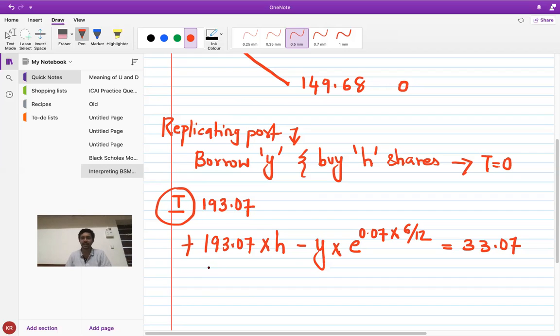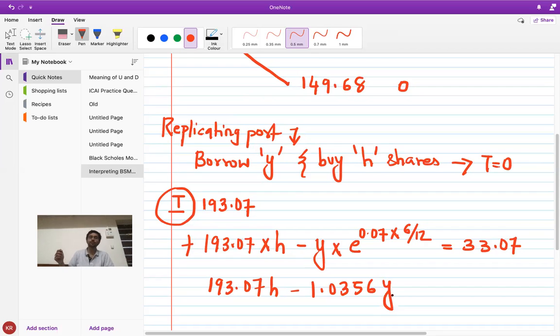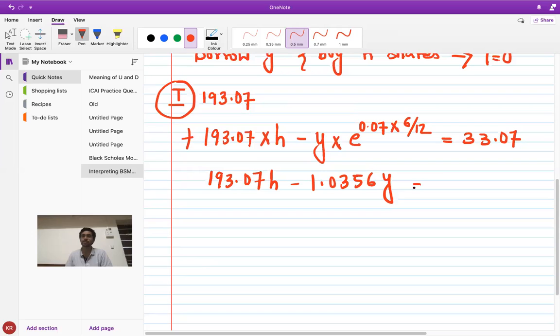So I have 193.07H minus 1.0356Y, where 1.0356Y is the maturity value of the borrowings, including interest, since 7% for 1 year compounded continuously is about 3.56% for 6 months. This payoff should be equal to 33.07.